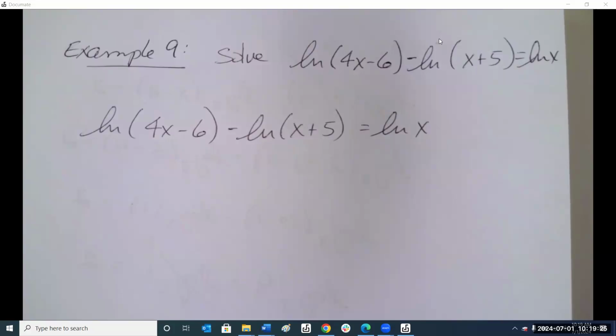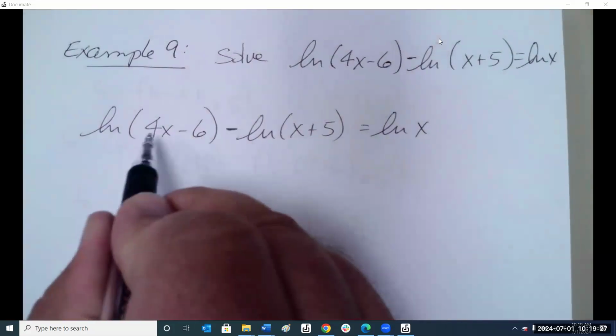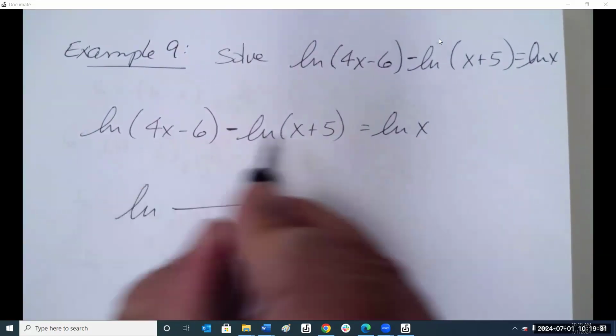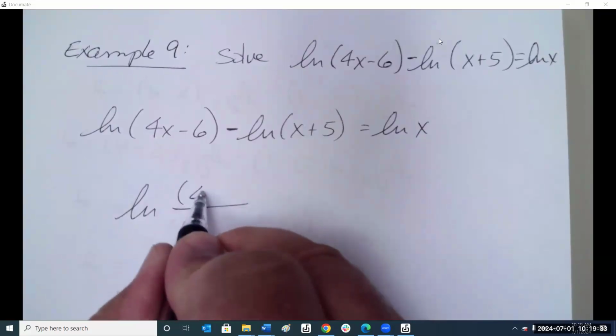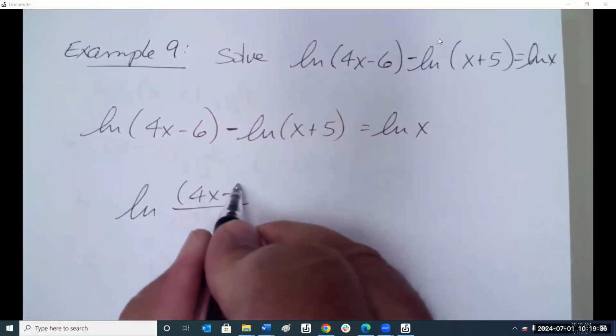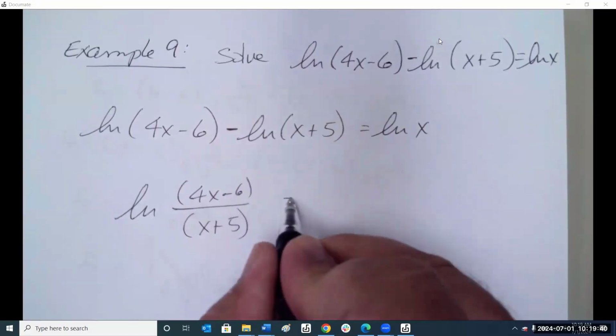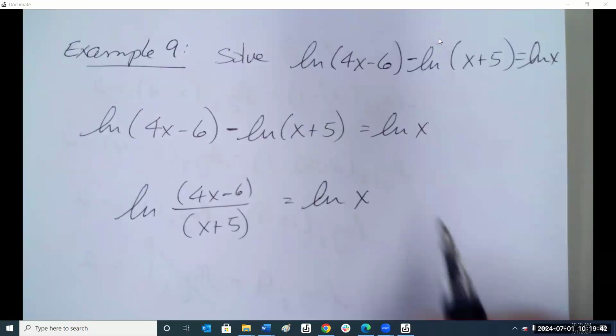Same as the last one, since it's a minus sign with the same base, we can combine those two on the left side as ln of 4x minus 6 divided by x plus 5 equals ln x.